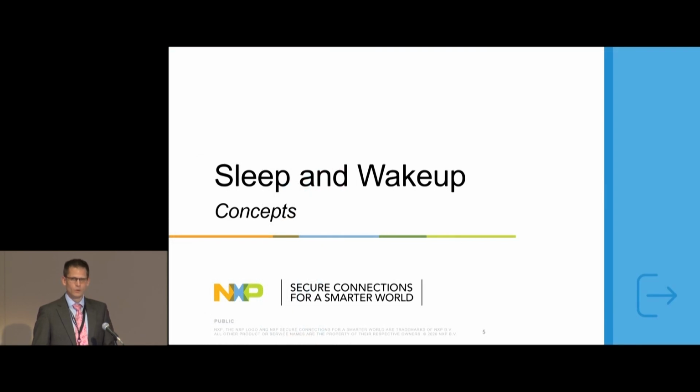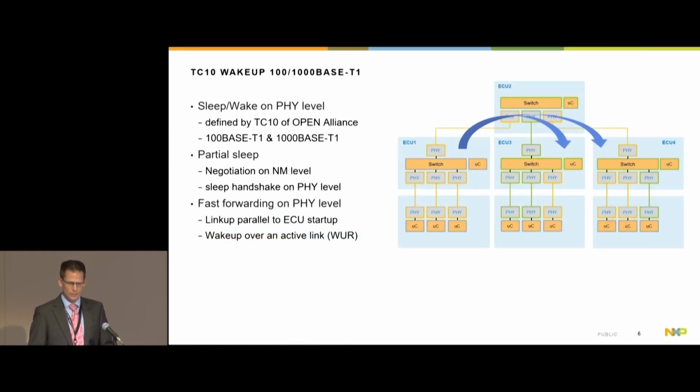Now if you look into switching off certain things, there is a standard defined which is often called TC10 sleep and wake up. Why is it called TC10? This comes from the Technical Committee 10 of the Open Alliance.